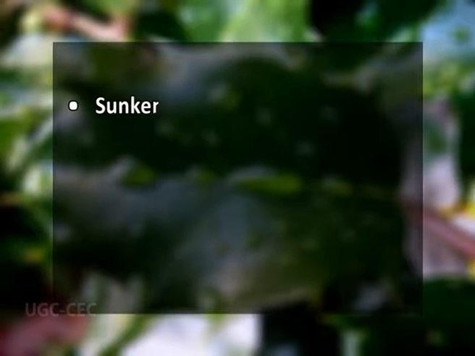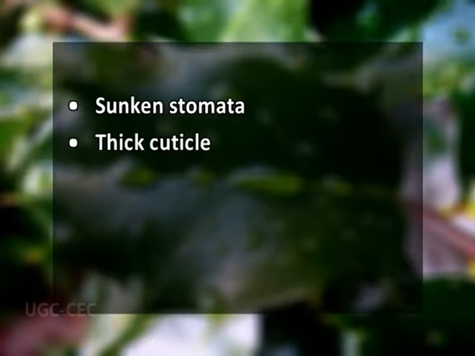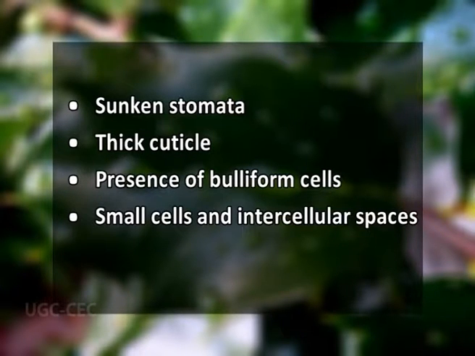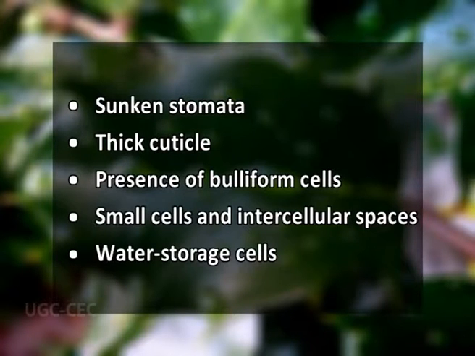The anatomical adaptations of leaves include sunken stomata, thick cuticle, presence of bulliform cells in grass leaf epidermis, small cells and small intercellular spaces and presence of thin walled water storage cells in succulents.